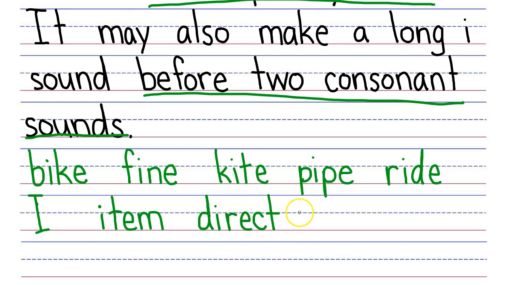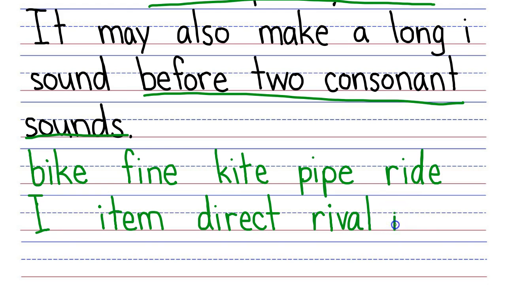Next word, rival. First syllable, ri. So we have an R that says r and an I that makes its long I sound, I. Second syllable, val. We have a V that says v, an A that makes a schwa sound, and an L that says l. Rival. And then our last example in this category is writer.